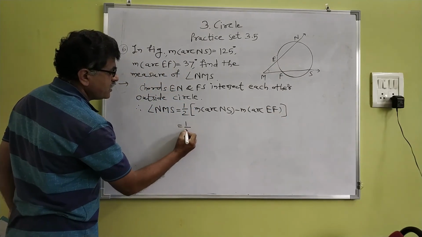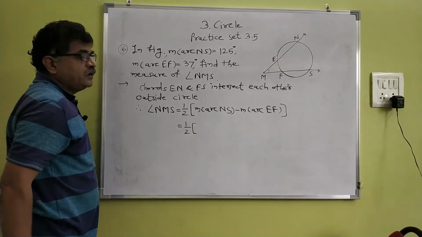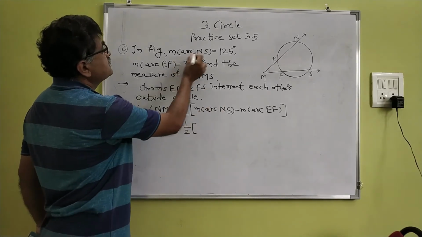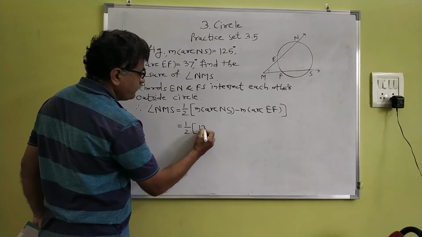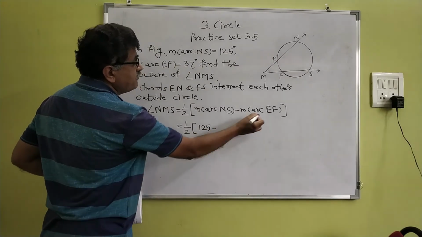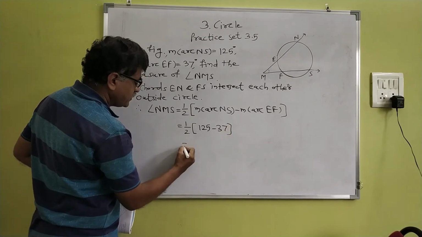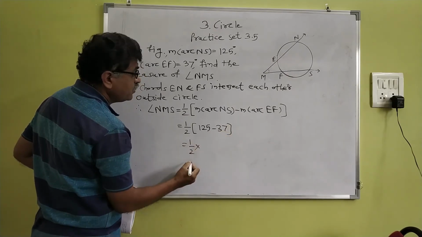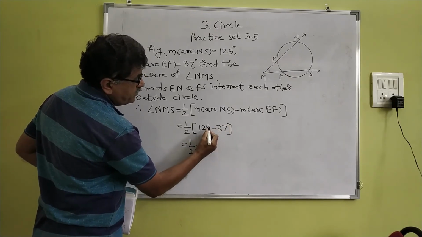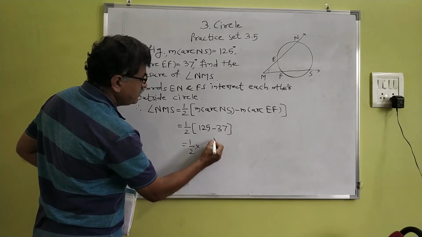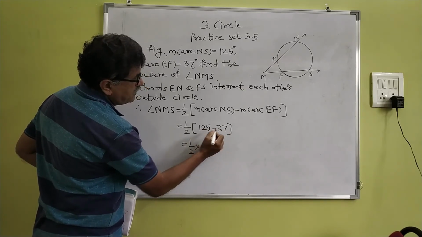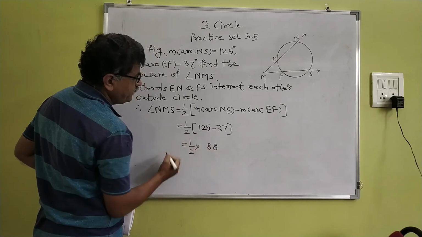Equal to 1 upon 2 into bracket. Now measure of arc NES is 125 minus measure of arc EF is 37, equal to 1 upon 2 into 88.